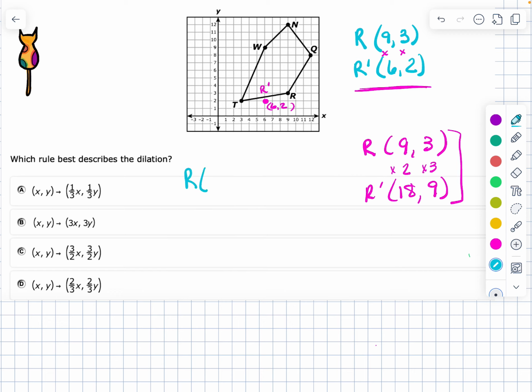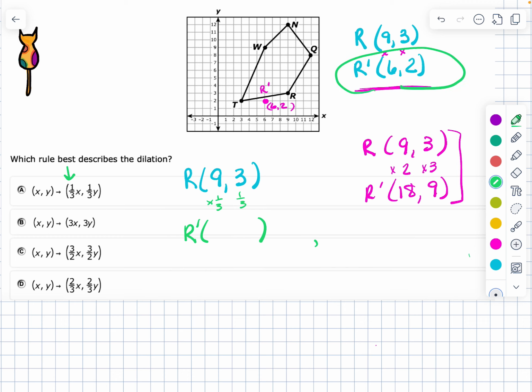R is (9, 3). Let's take A, for example. A says, let's multiply x by 1/3 and y by 1/3 and see if that's going to be R prime. Again, our goal is to get (6, 2).